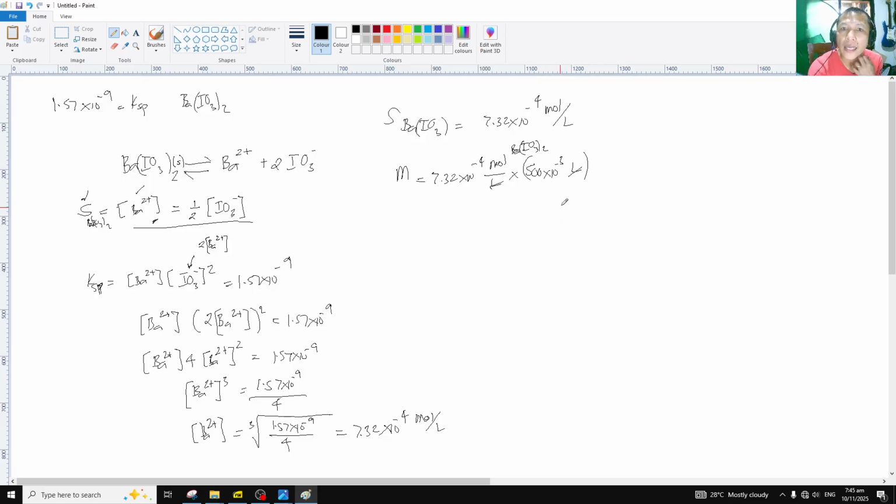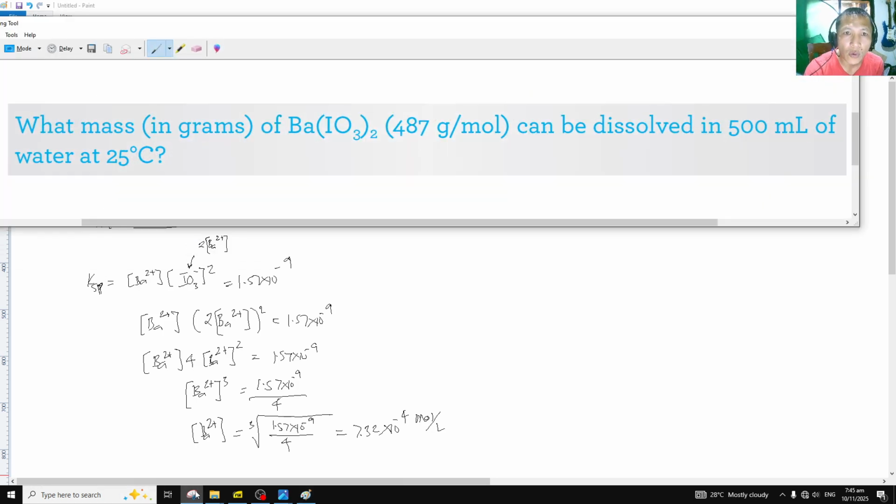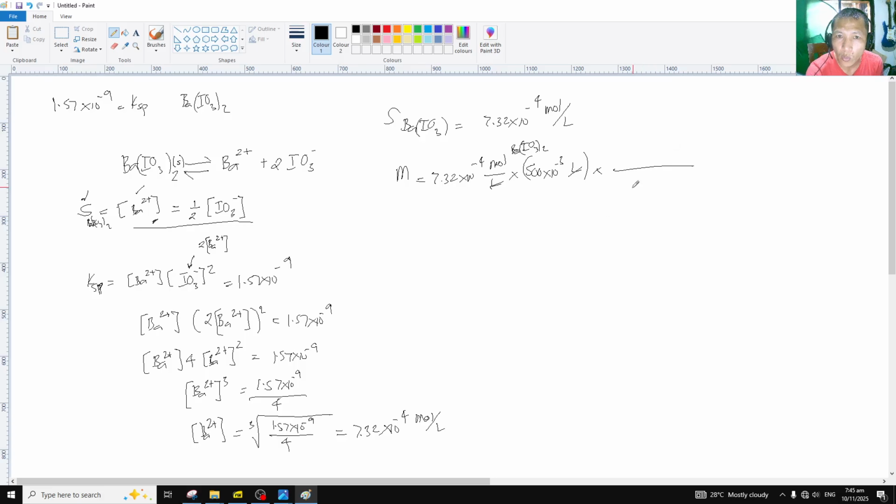And then, i-convert din natin yung mole to mass using the molar mass that was given. That would be 487 gram per mole. Okay? 487 gram. Baliktad. Nandito siya dapat sa taas. So, tingnan nyo na lang yung unit. 487 grams of BaIO3 per mole of BaIO3.